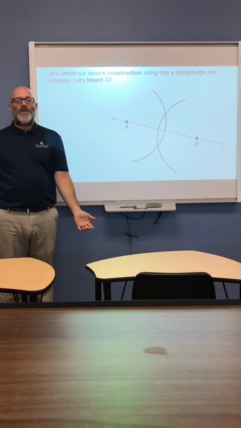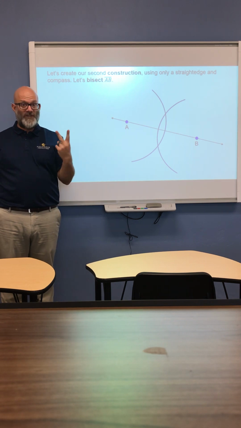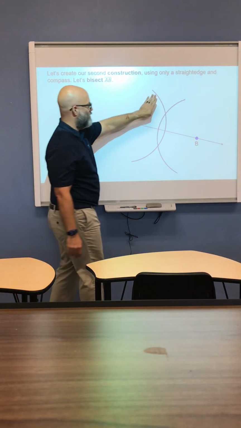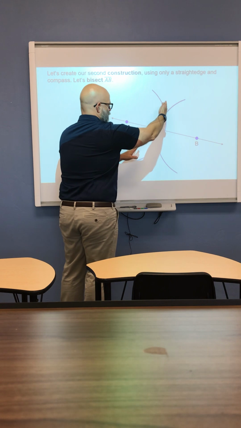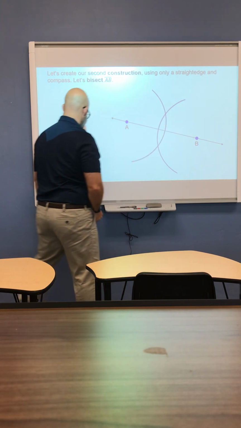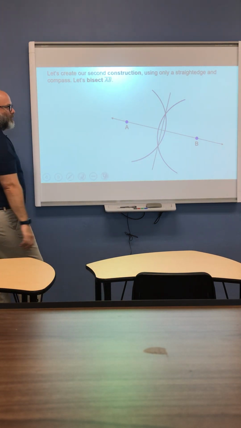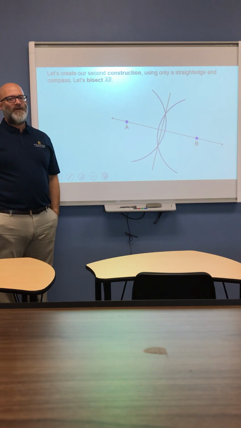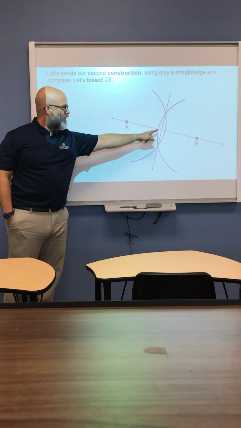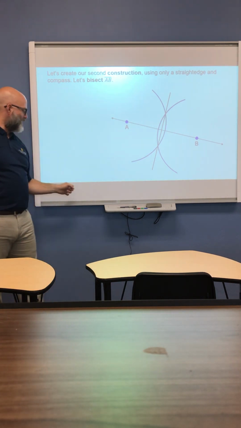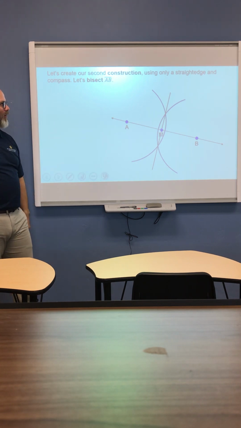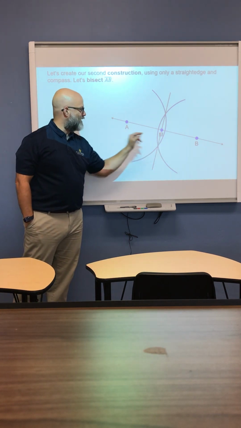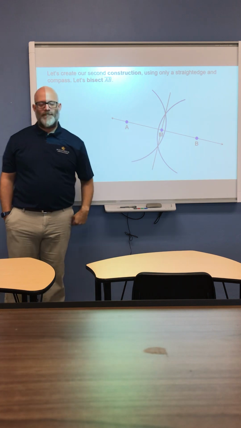How many points do you need to create a line with a straight edge? Only 2. So you get your straight edge out, and you draw the line right through that first point and that second point, just like that. And what do you notice? This new line you've drawn will intersect your line segment at its midpoint, thereby bisecting AB into AM and MB.